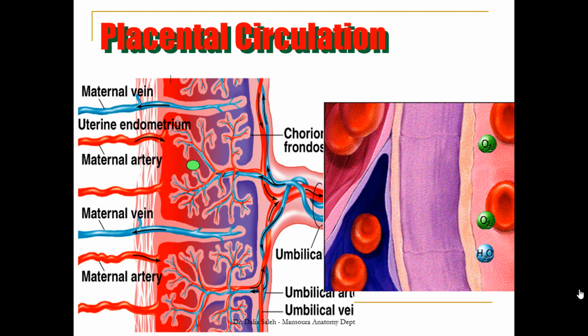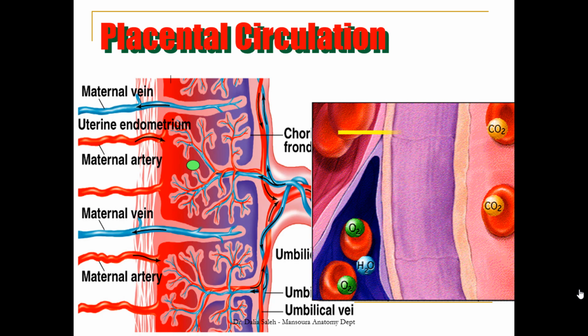If we enlarge it, oxygen will pass through this thin placental barrier from the area of high concentration to the area of low concentration, meaning from the mother to the fetus. And the carbon dioxide will move back from the fetus to the mother.